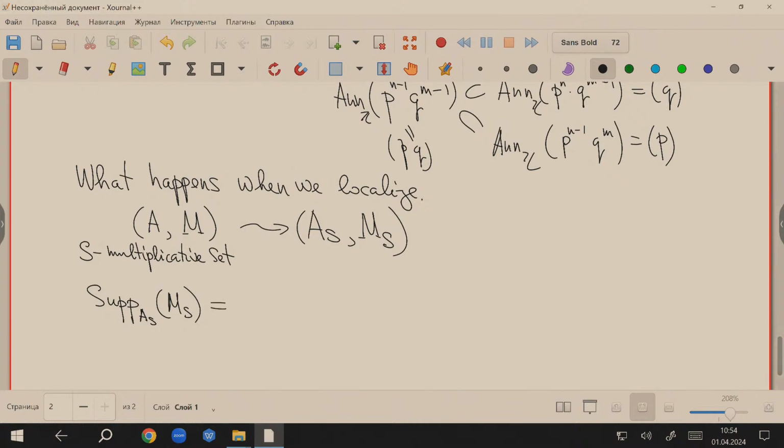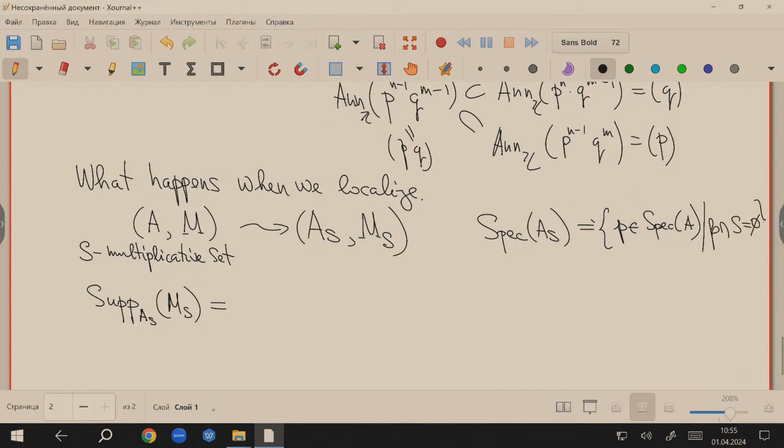Of course we know that the spectrum of the localization you can think of as a subset of the prime ideals, identified with the set of prime ideals in the spectrum such that P intersection with S is empty.